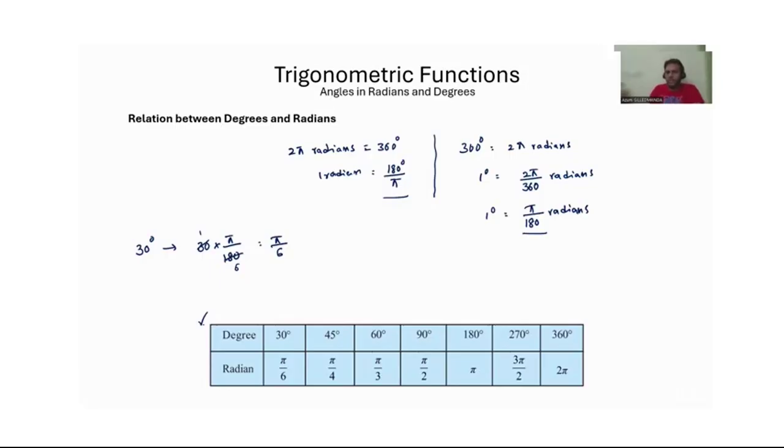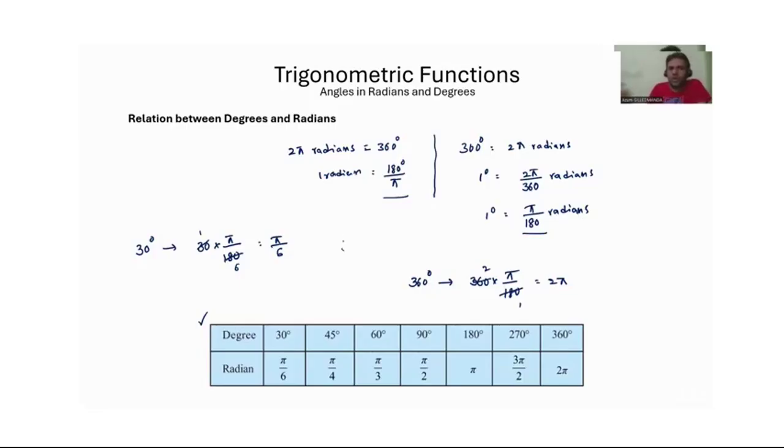Following, guys? Similarly, take any angle. Let's say I want to convert 360. 360 into what is 1 degree? 1 degree is pi by 180 radian. Pi by 180, 180 once and 180 twice. That is 2 pi radians. So this is the relation between degrees and radians.